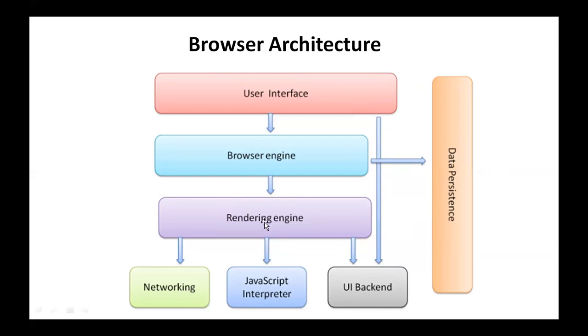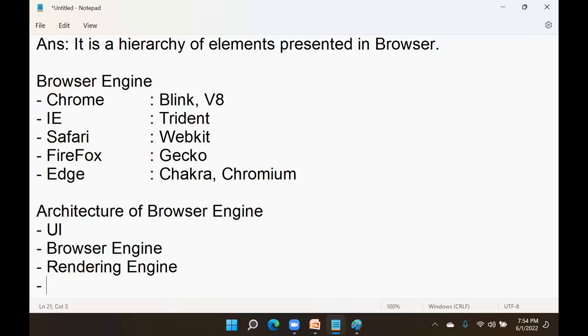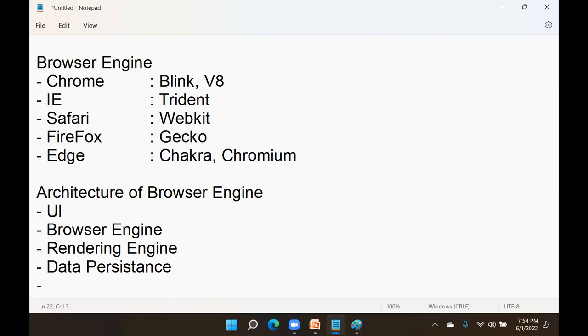Now you need to understand that the browser architecture consists of the UI, which is the user interface. It contains a browser engine. The key parts of the browser engine: it contains a rendering engine, it contains data persistence, and it contains a JavaScript interpreter.